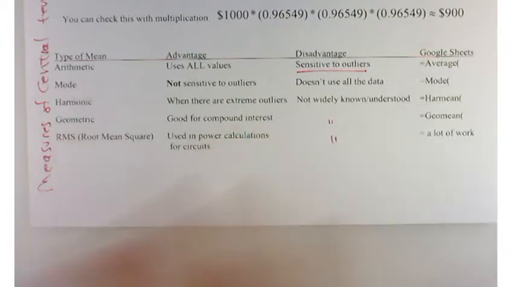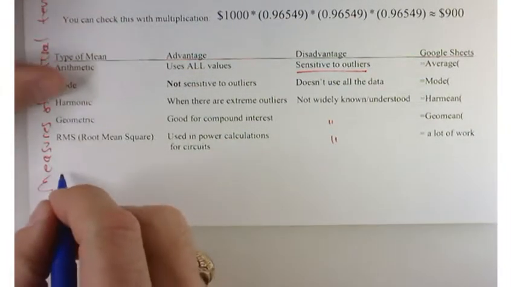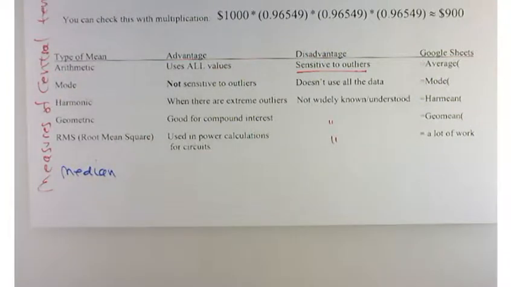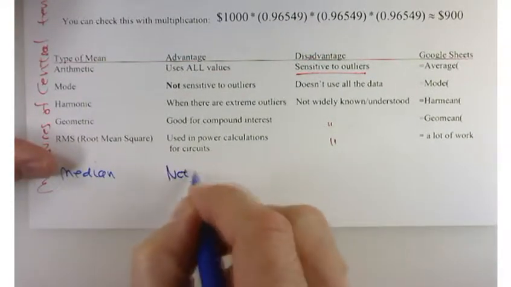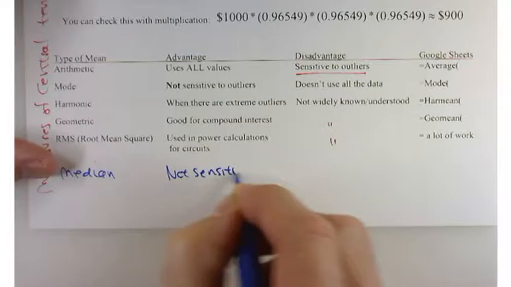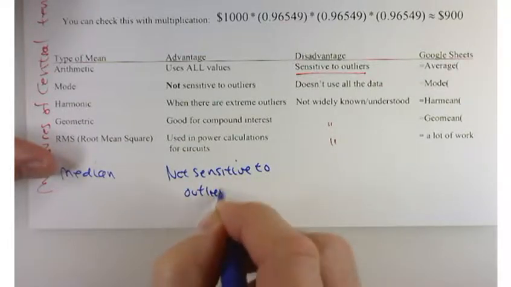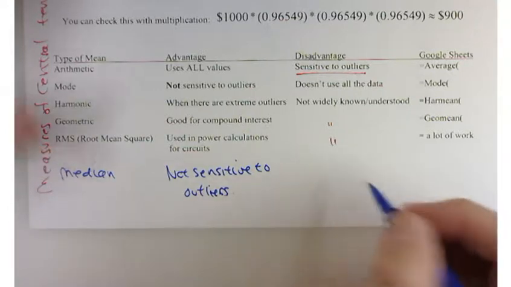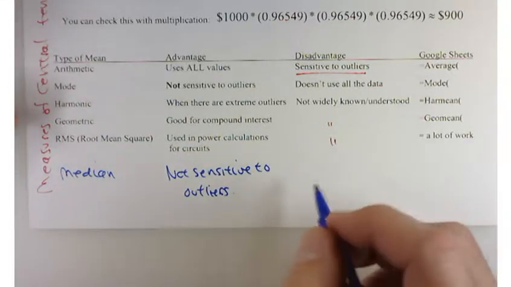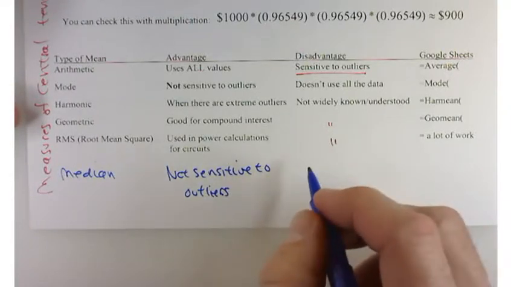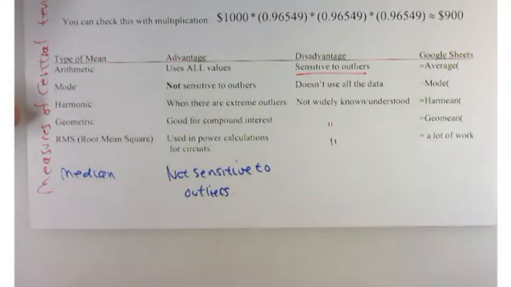One last statistic that I should put down here is the median. The advantage is that it's not sensitive to outliers. The disadvantage is that it doesn't use all the data. In fact, it ignores much of the data. You're just looking at what the middle number is.